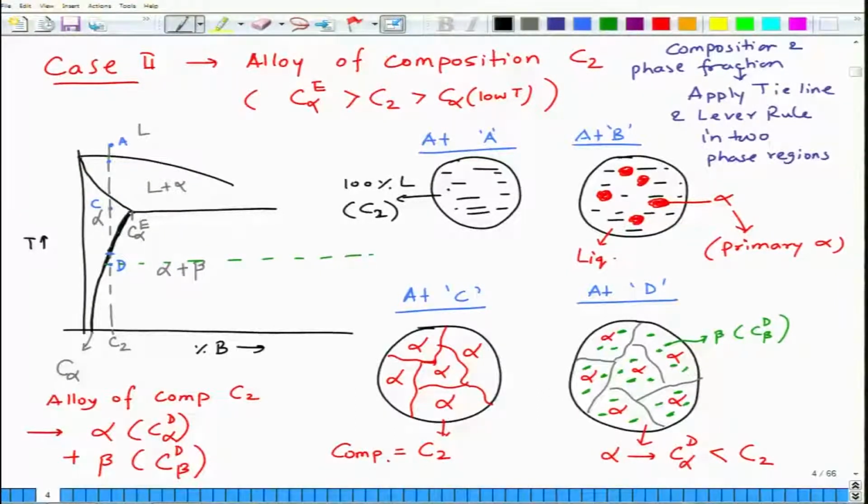So, this is how the microstructure of an alloy of composition C2, which lies between the solid solubilities of B in A at eutectic temperature and at low temperature, evolves.